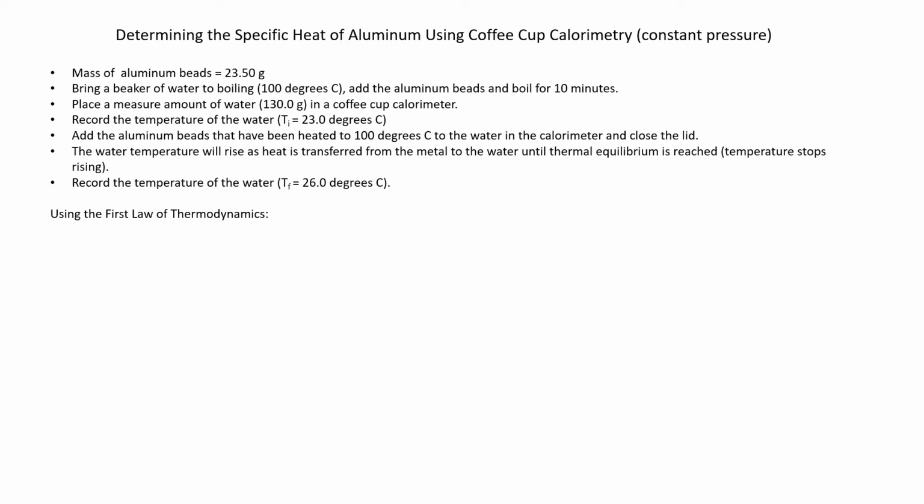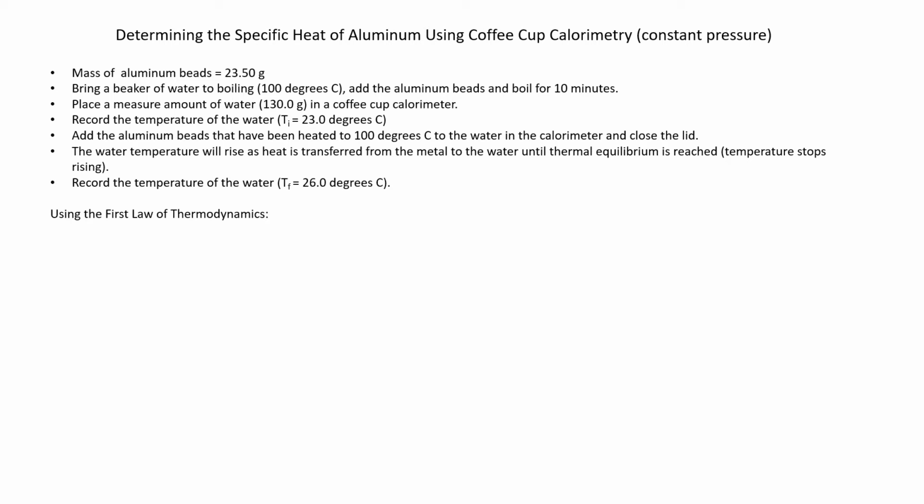So the mass of aluminum beads that we're going to be using is given, 23.50 grams. Then we bring a beaker of water to boil. Boiling point of water is 100 degrees Celsius. And add the aluminum beads and boil for 10 minutes.